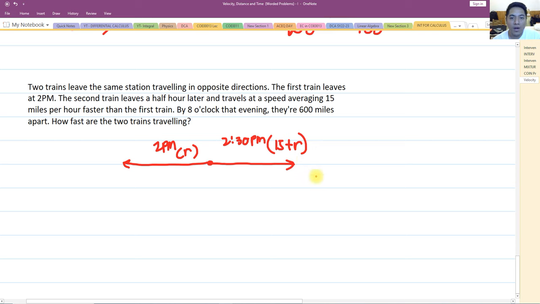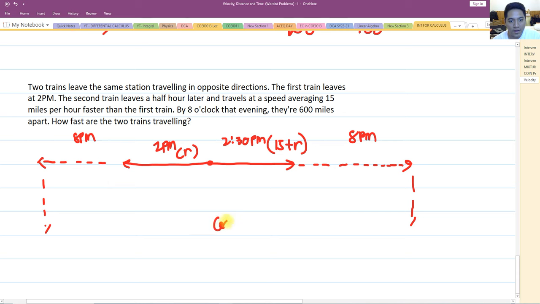By 8 p.m., for both trains, they are 600 miles apart. How fast are the two trains traveling?